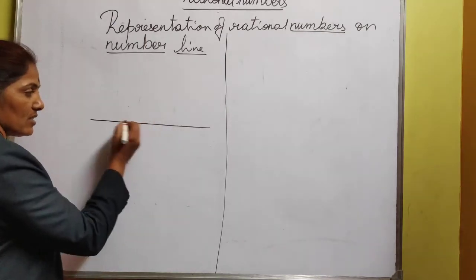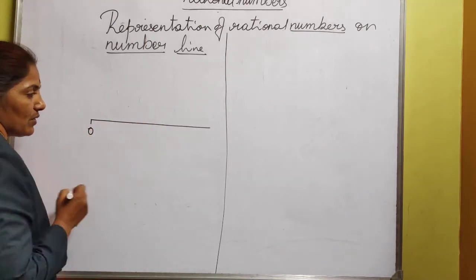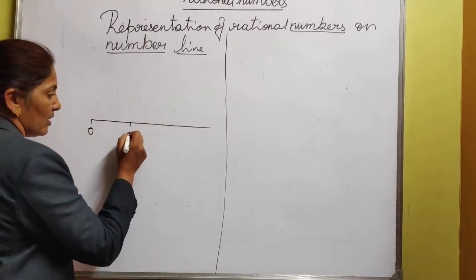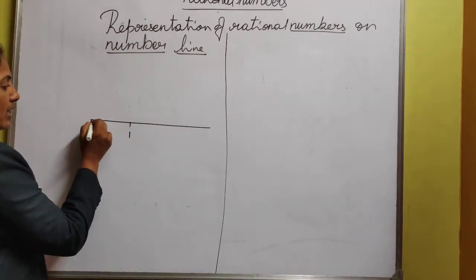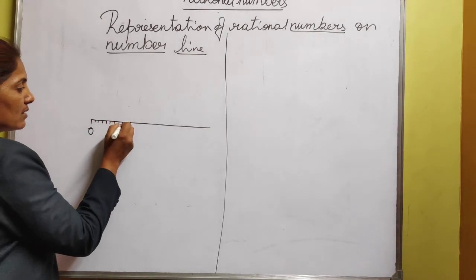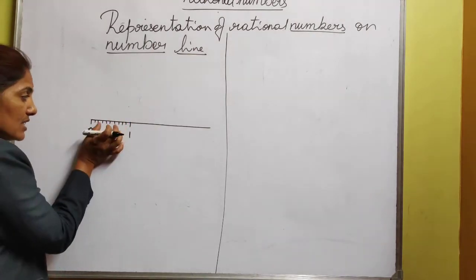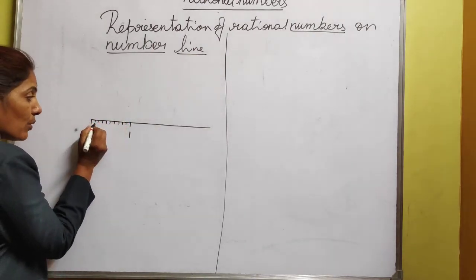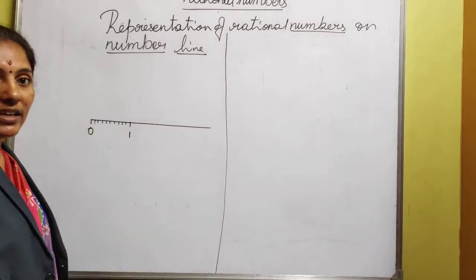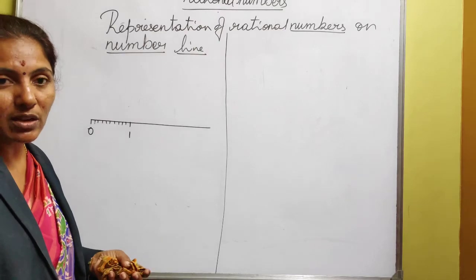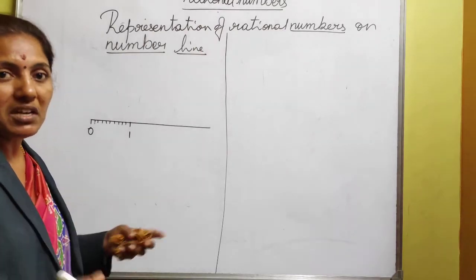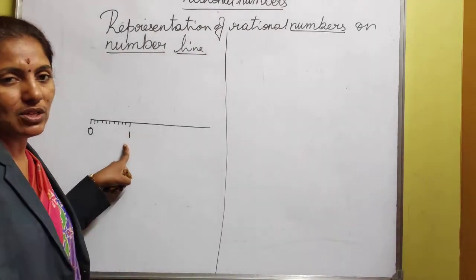When we consider the centimeter scale, we always start from 0, and this is 1. From 0 to 1, it is divided into 10 equal parts, but still between 0 and 0.1 again we find numerous rational numbers. We can find multiple rational numbers between any two rational numbers.